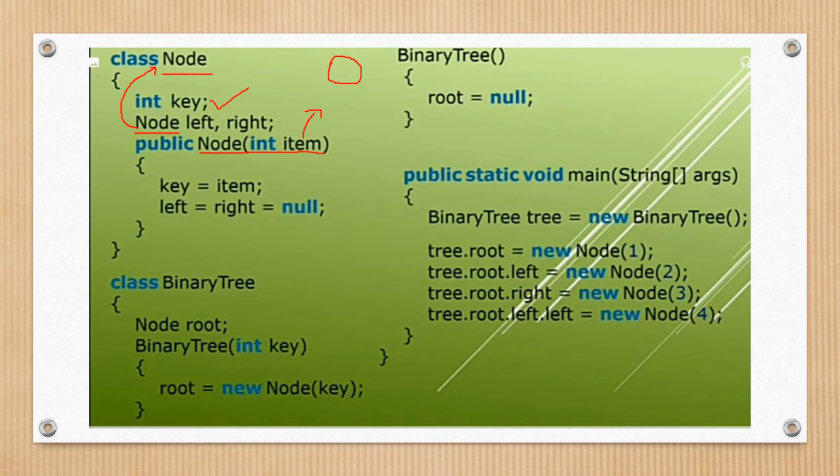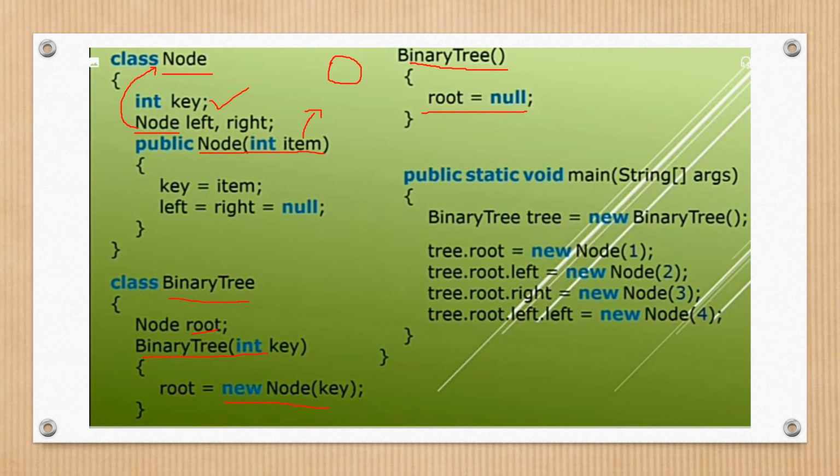Class binary tree, node root. Binary tree int key, root equal to new node of key. This is a parameterized constructor and this is the default constructor. For the default constructor we are initializing root equal to null, and for the parameterized constructor we are initializing root equal to new node of key.